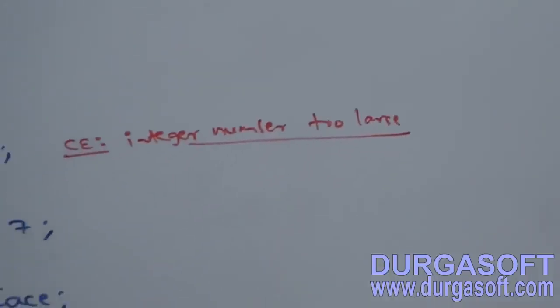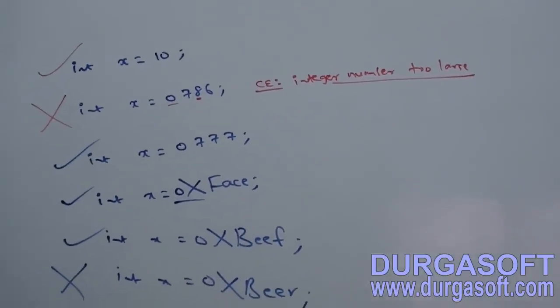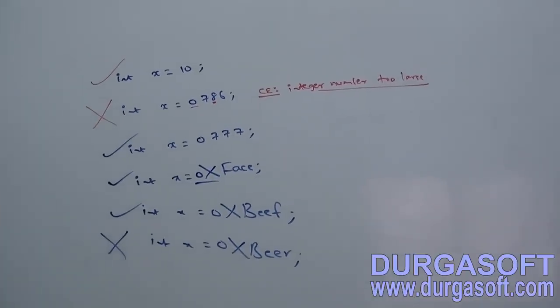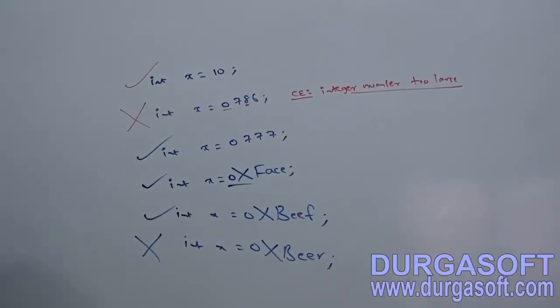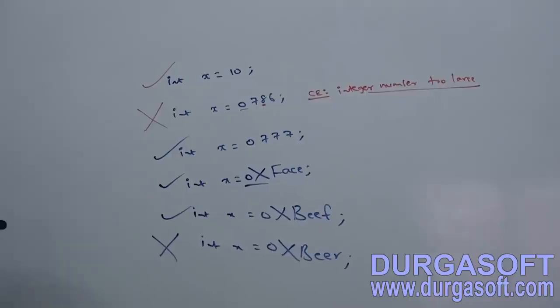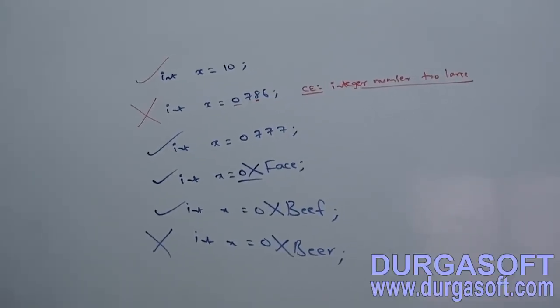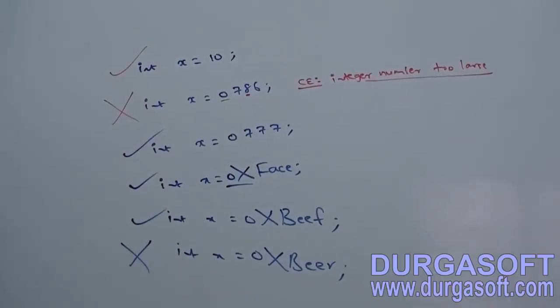Which of the following declarations are valid? Which of the following declarations are valid? Okay, take all these things.